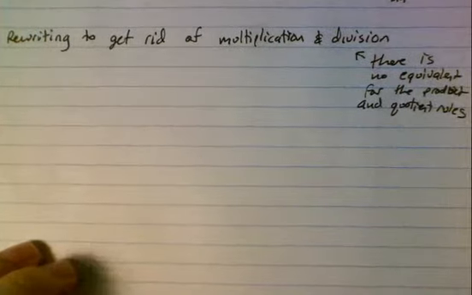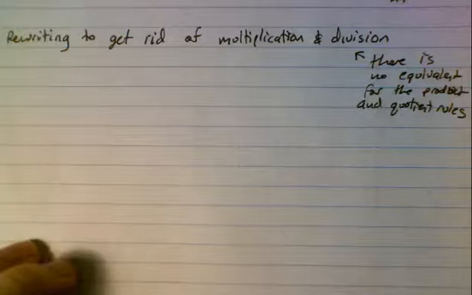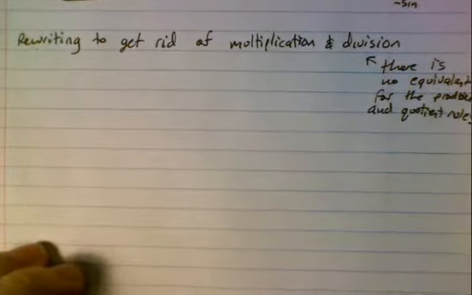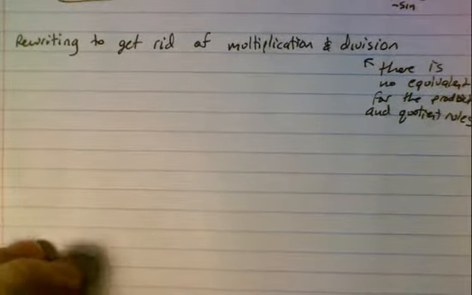There is an equivalent for the chain rule that we're going to get to in the next lecture, but if we have multiplication or division and we're trying to take the antiderivative, we're kind of out of luck. We have to rewrite it in order to be able to take the antiderivative.